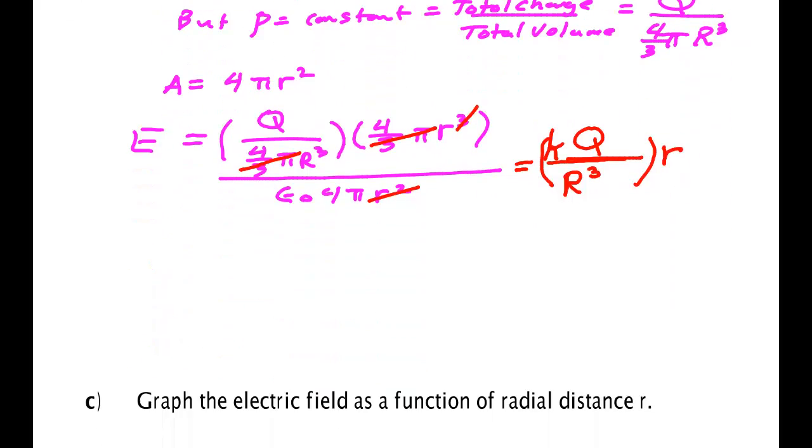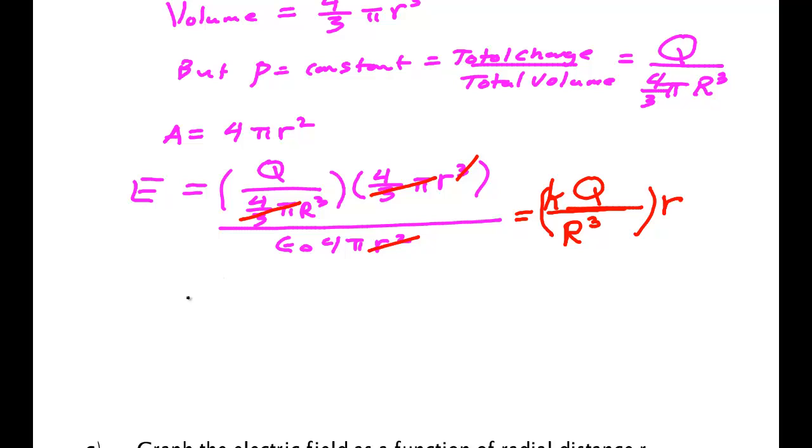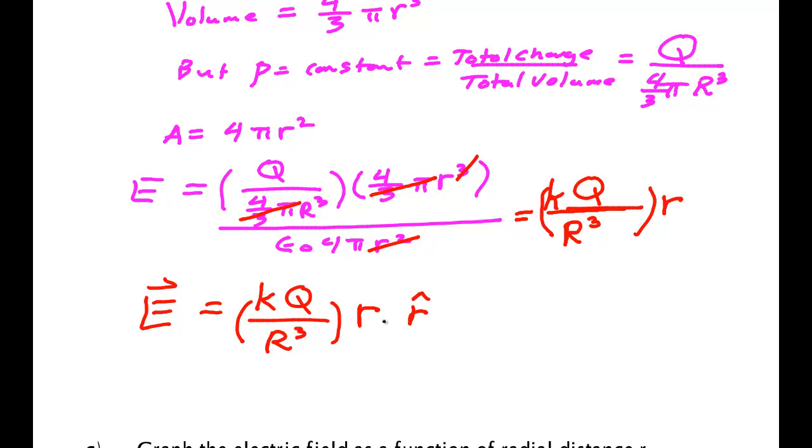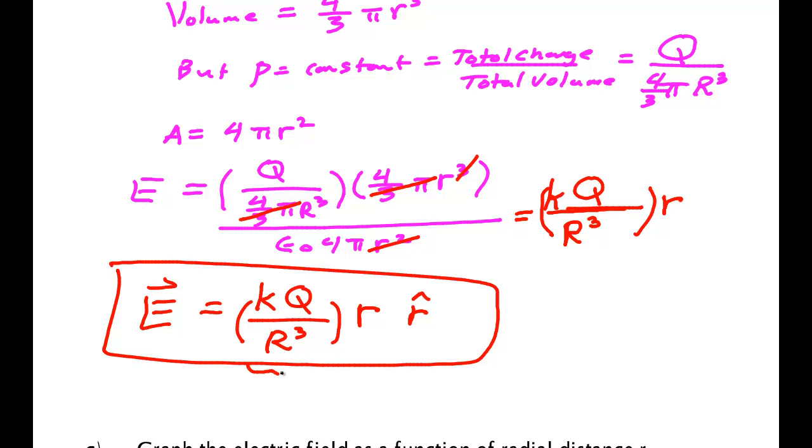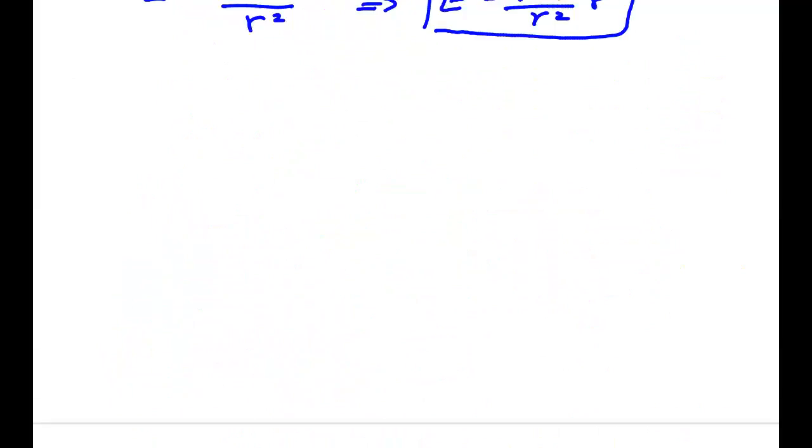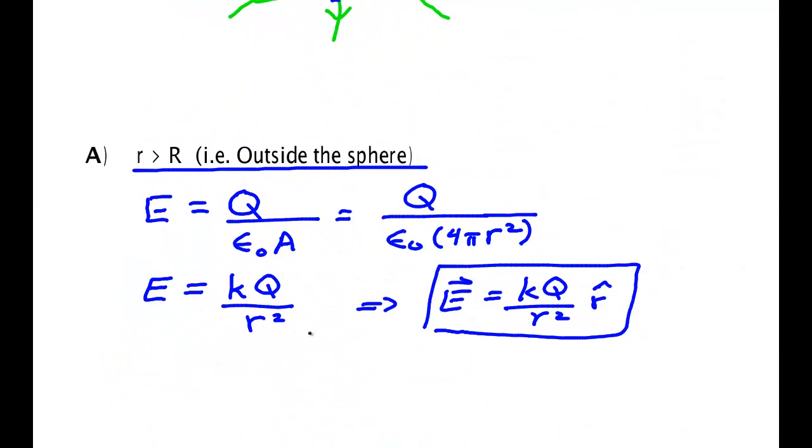So let me pull that up just a little bit. So my electric field is KQ over big R cubed, times r, and it points outward. Now, key thing, that there is constant. So the electric field goes linear inside, whereas it goes as 1 over r squared once we get out.